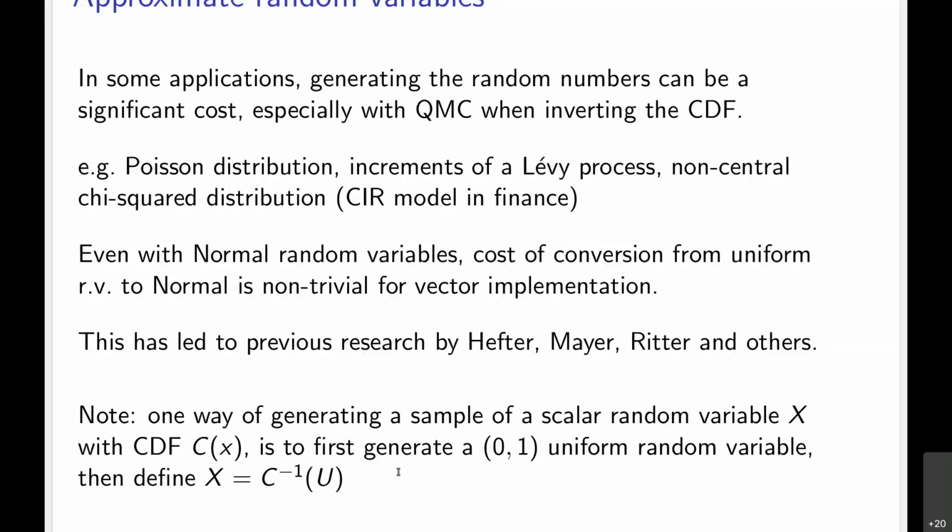I was particularly interested thinking about mathematical finance applications where we might be interested in simulating the increments of a Levy process, or in finance, there's a model called the CIR model in which we are using increments of a non-central chi-squared distribution, which is a sort of expensive thing to simulate exactly.